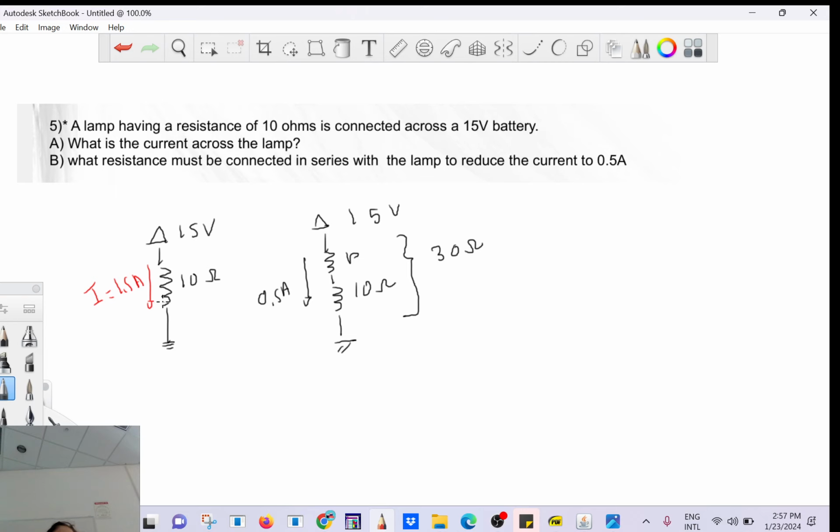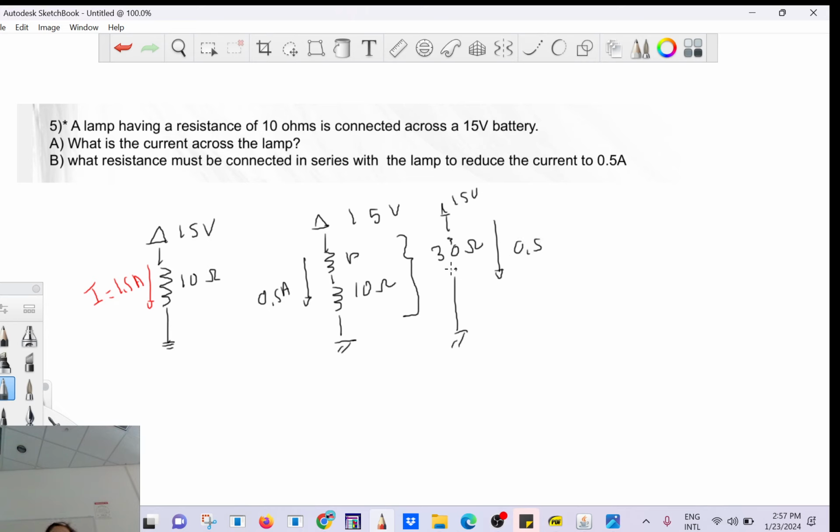And you can see that here because if you want to have 0.5, if you want to divide the current by 3, the resistance has to be multiplied by 3. Or you can do that, okay? If the current is 0.5, what's going to be the resistance?